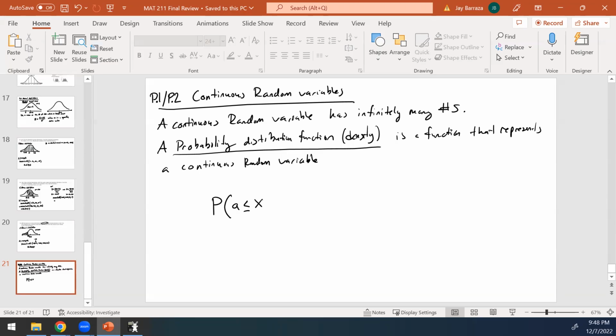Now, here's a nice thing. Whether you write less than or equal to or not, it actually doesn't matter. But just to be safe, we'll do less than or equal to. The probability between 2 numbers a and b is the integral from a to b of f of x dx. That's the whole core of it.